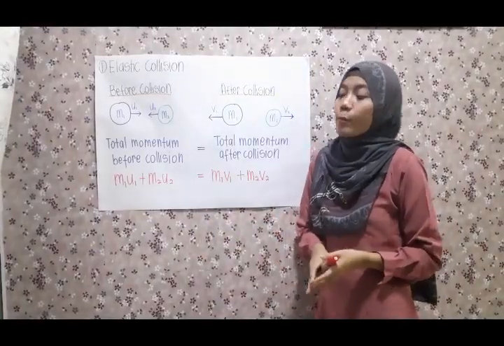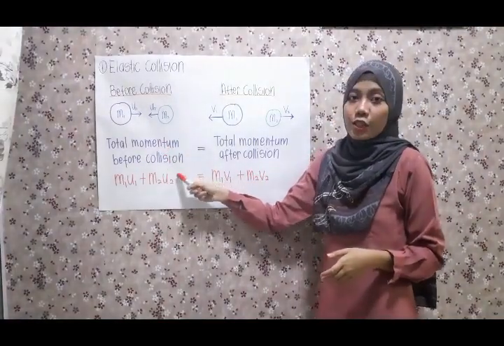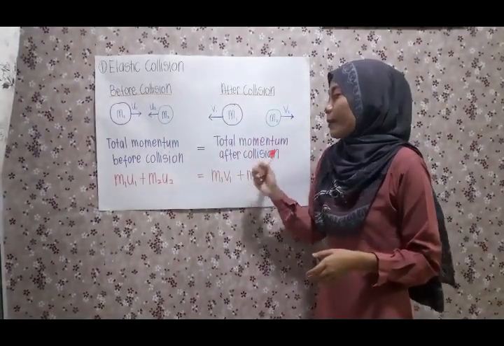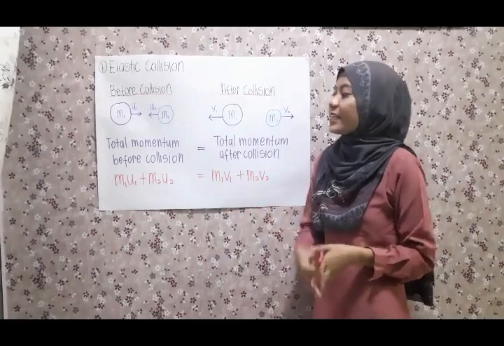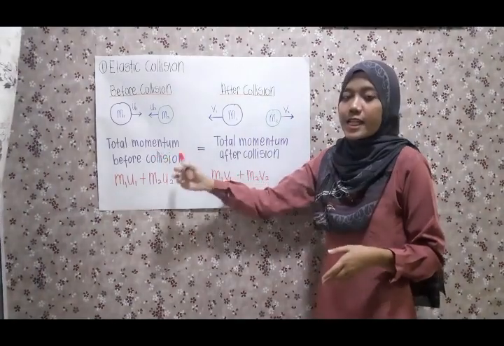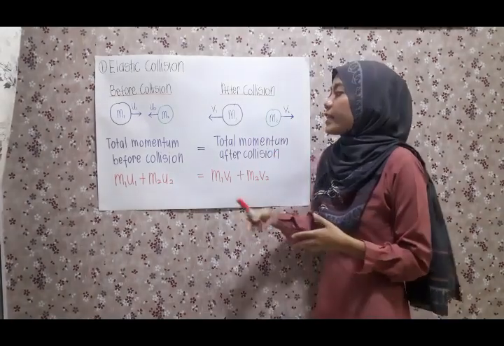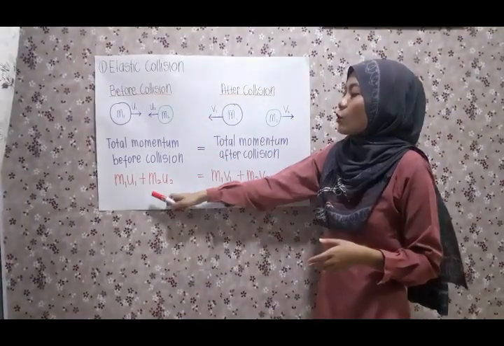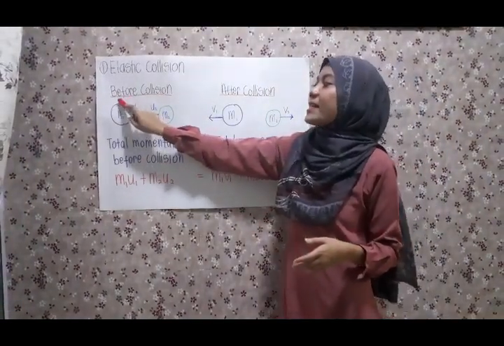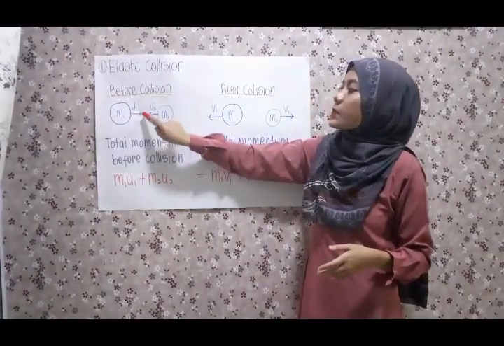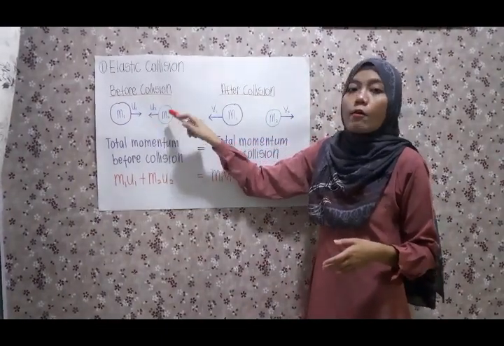The formula is total momentum before collision equals total momentum after collision. To calculate the total momentum before collision, since momentum is mass times velocity, we calculate mass times velocity for the first object plus mass times velocity for the second object.